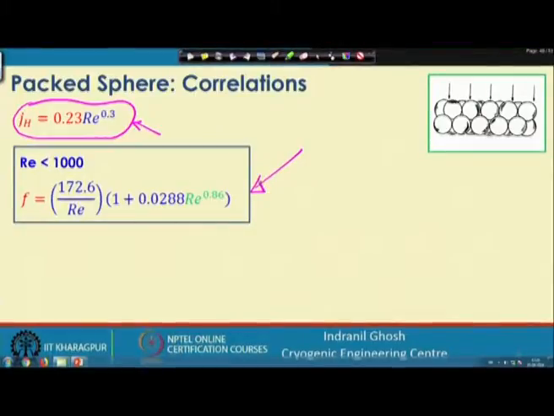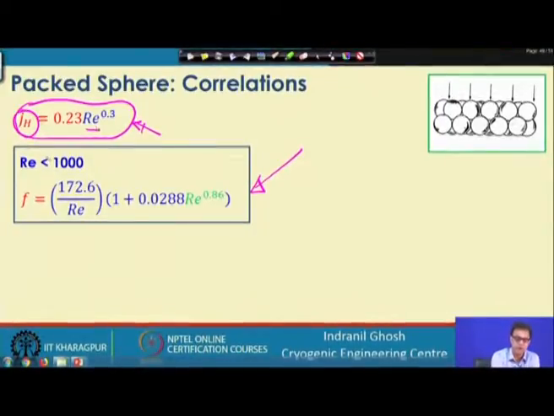So, we at least need to know the heat transfer and pressure drop characteristics. In the case of the packed bed, we have these correlations for the colburn J factor, and it is related to the Reynolds number. We will come to the definition of this Reynolds number and the characteristic dimension of the packed spheres later on.